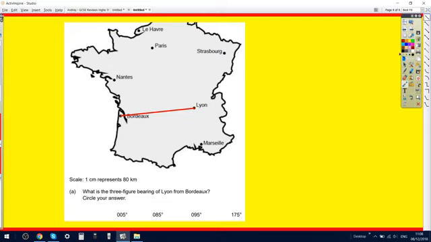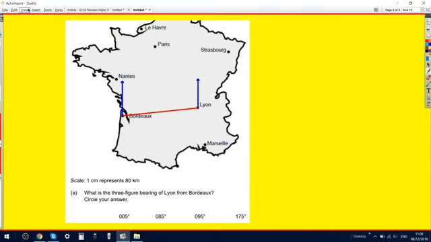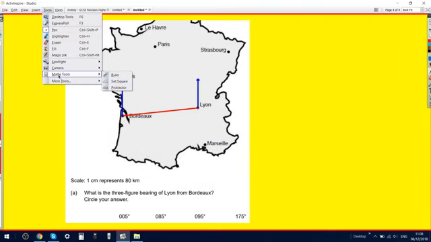So the way bearings work is you point north, you turn clockwise, and you stop when you hit the line. So I point to north. And which of the angles is it referring to? I'm not sure.